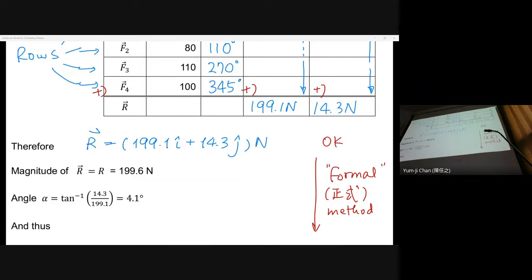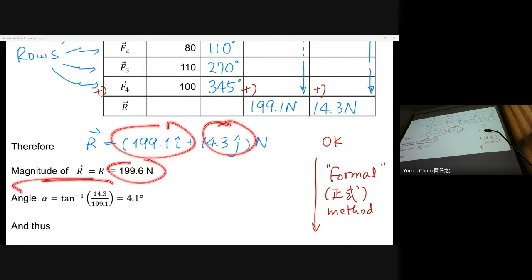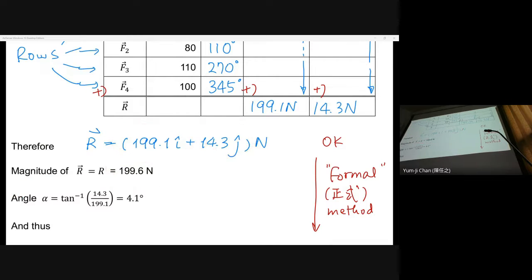Now, to write it in the formal way, of course we calculate the magnitude of R, which is 199.6. You know how to do it, right? If I have the X component and the Y component, you know how to do the magnitude, so I don't write it down. And for the angle, it is arctangent of 14.3 over 199.1, that's 4.1 degrees.